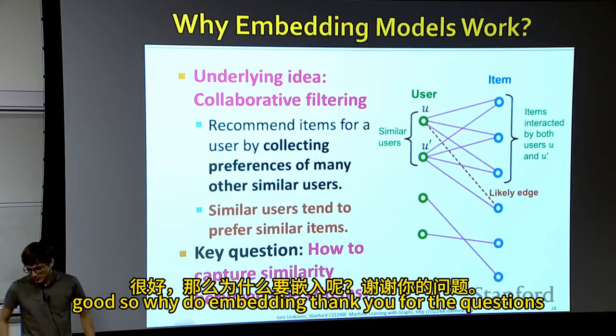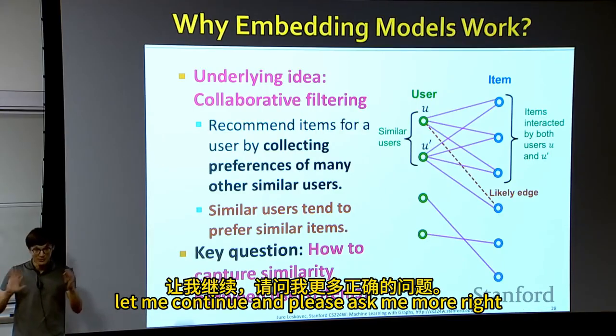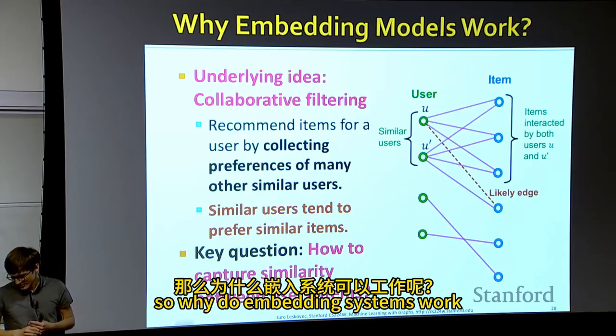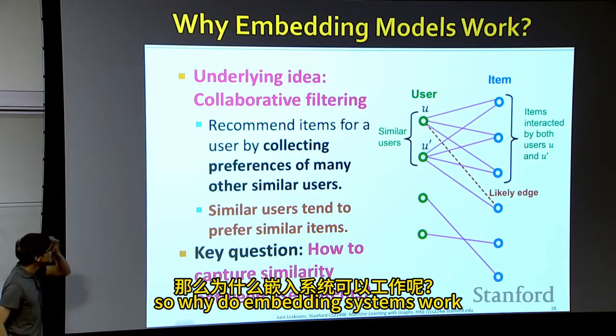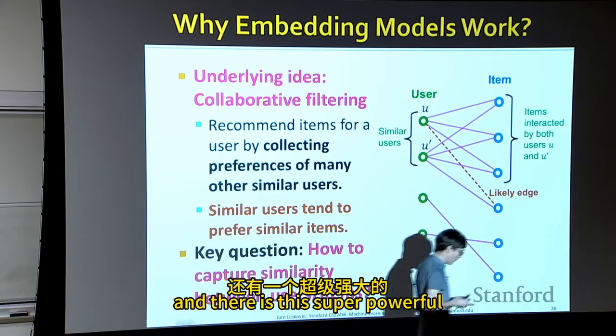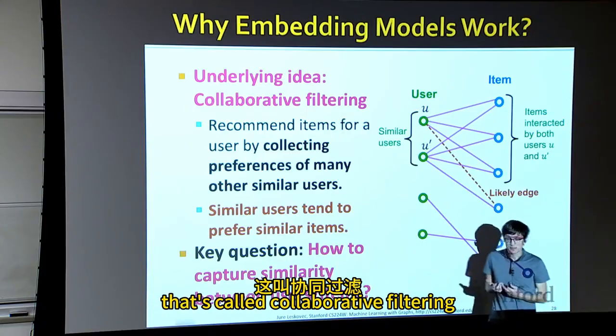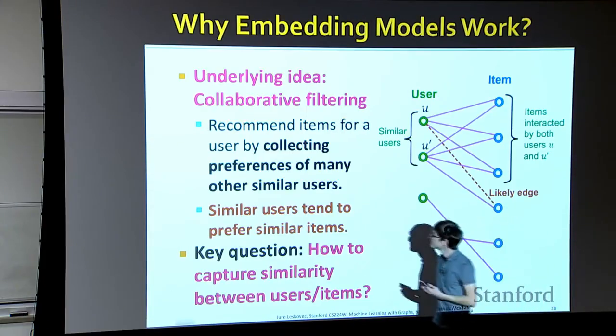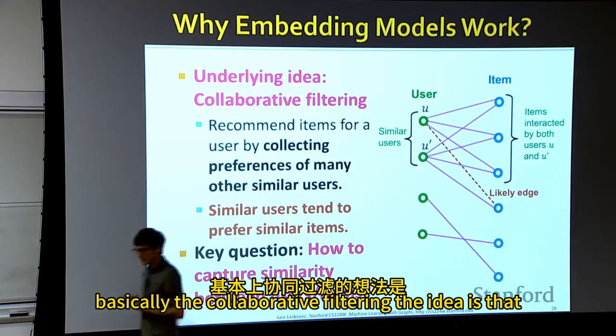Good. Thank you for the questions. Let me continue, and please ask me more. So why do embedding systems work? There is a super powerful intuition for recommender systems called collaborative filtering.